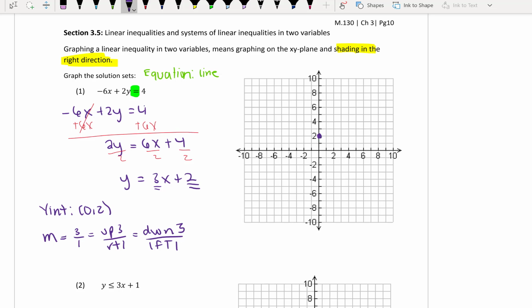I'm going to go up 3 and to the right 1, or I can go down 3 and to the left 1. And so that's going to be my linear equation. So hopefully that was a quick little review of how to graph a line. We've done this before, so that shouldn't be anything new.